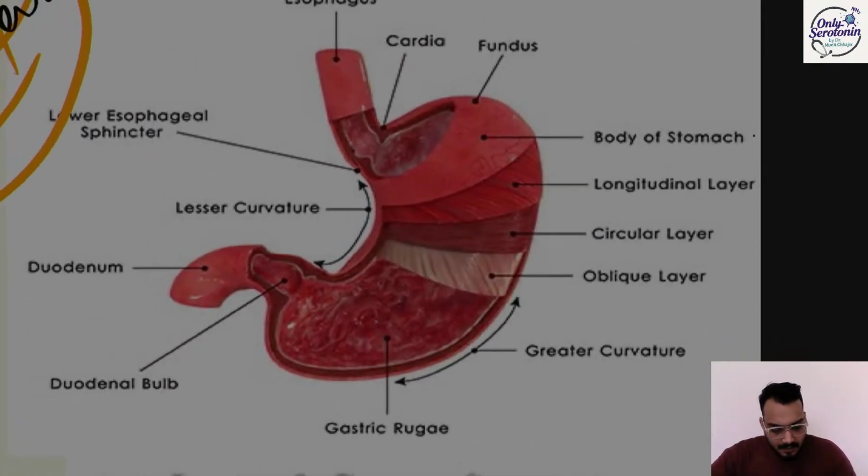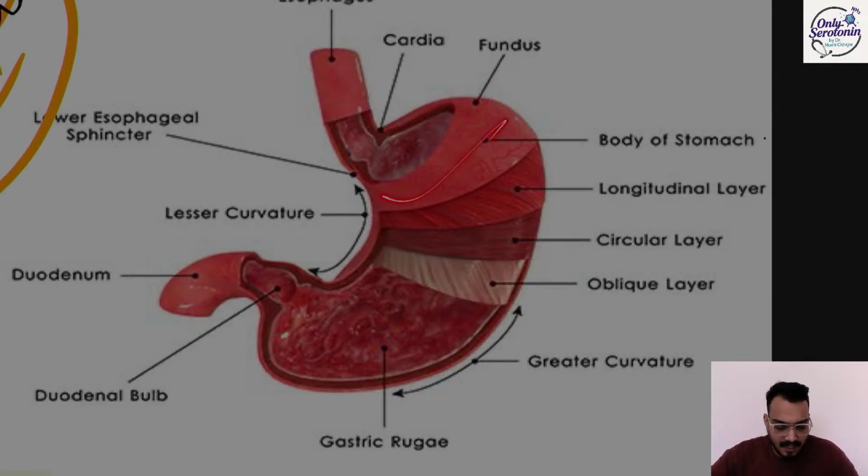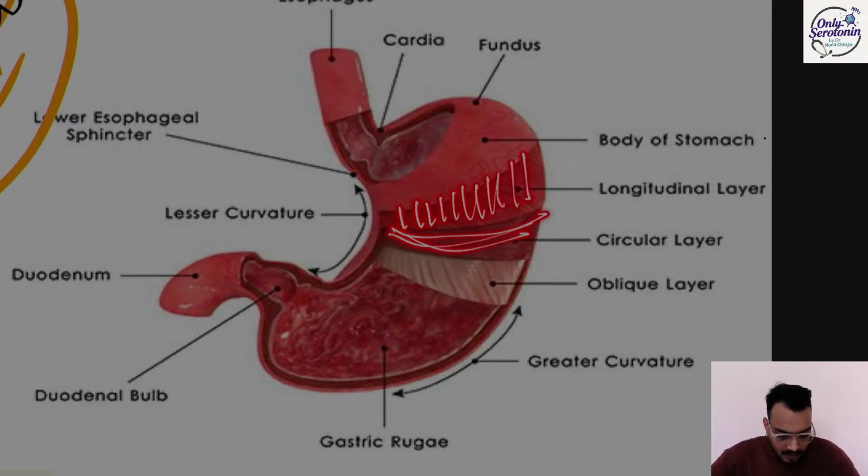Before going towards the posterior side of relations, let's discuss the parts of the stomach. All of us know that the above part is the fundus, then we are having the body. If we dissect this body layer by layer, what are we going to find? First of all, the longitudinal muscles, then the circular muscles, and later the oblique muscles.